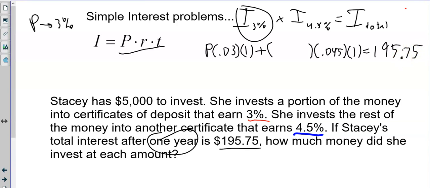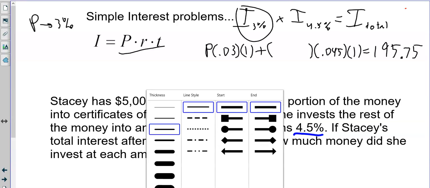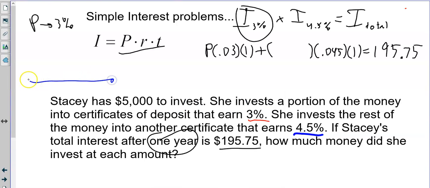And this is oftentimes the key to a word problem. It actually reminds me of the segment addition postulate. I don't know if you've ever seen a problem like this in geometry. It'd say this whole thing is 30. The distance from here to here is x.